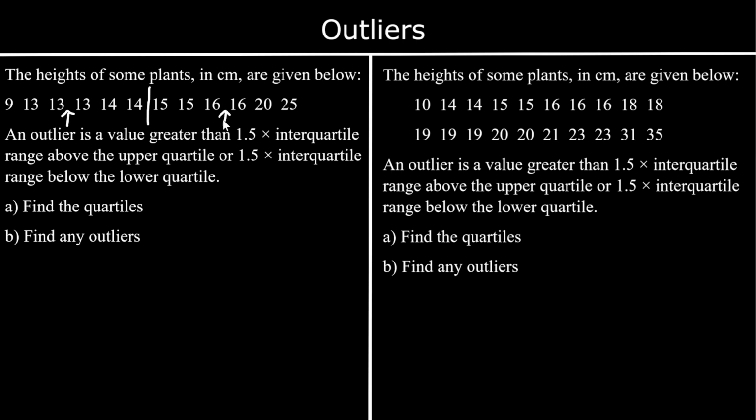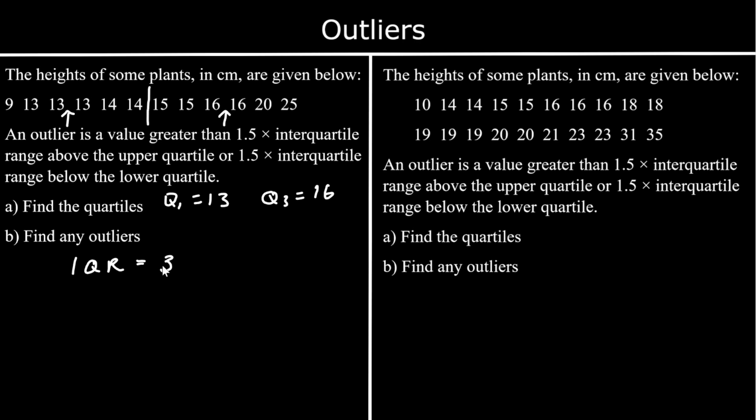And the upper quartile is halfway between the middle ones of the upper half of the data. So we've got the lower quartile Q1 is 13, and Q3, the upper quartile, is 16. That means the interquartile range is 16 take away 13, that is 3.